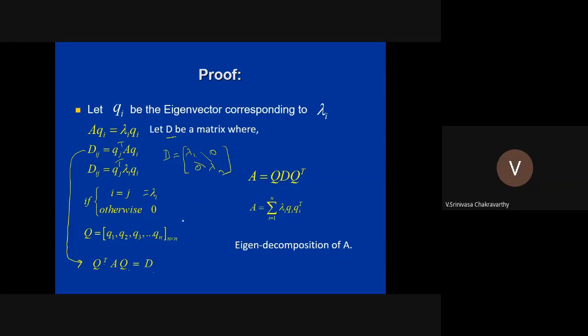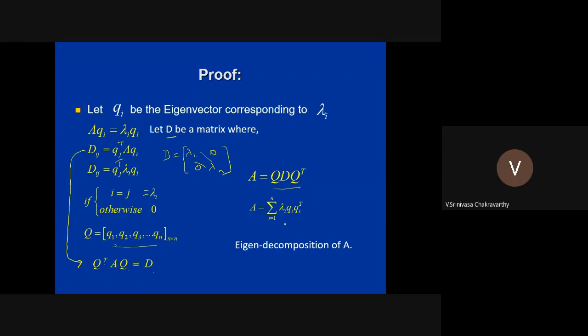And since every column of the Q matrix is an eigenvector, if you expand this matrix product in terms of the individual elements of D, which are the diagonal terms, the eigenvalues, and the column vectors of Q, which are the eigenvectors, then you get something like this.